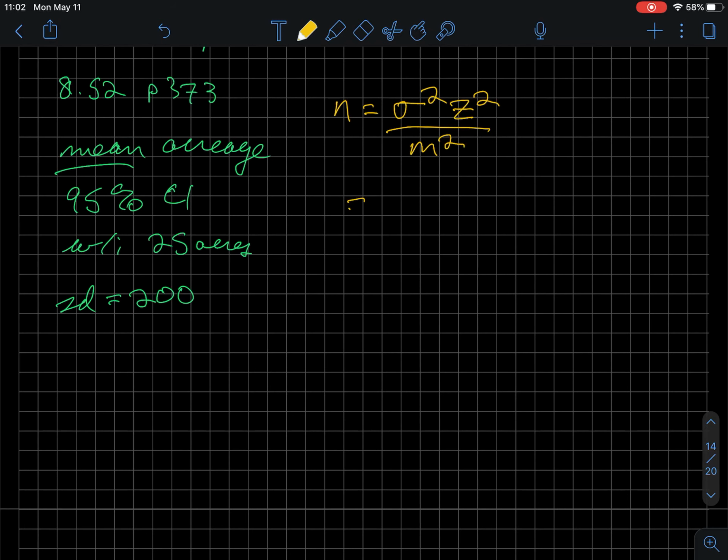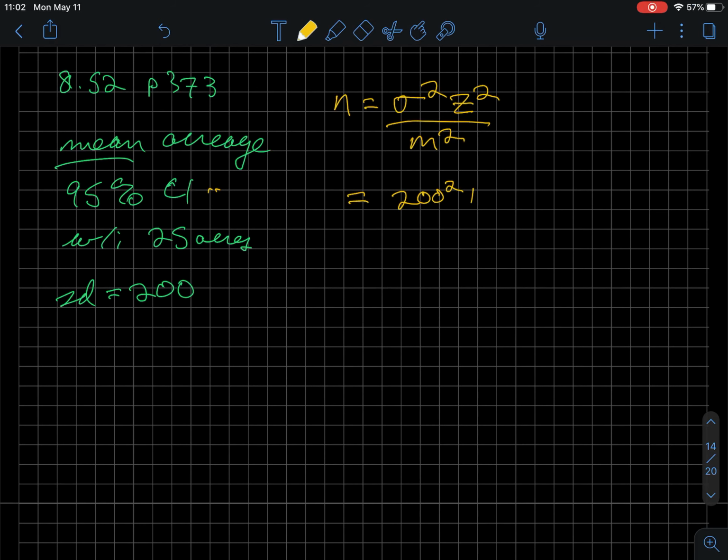So the standard deviation is 200 squared times, since we're looking at a 95% confidence interval, 1.96 squared, and because our margin of error is within 25, we divide by 25 squared. This is going to equal 246. So 246 is the sample size that we need to estimate the mean acreage.